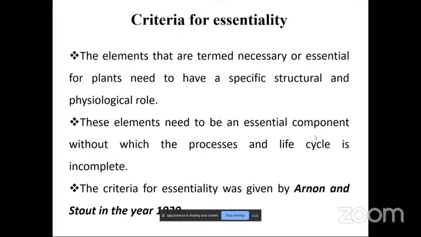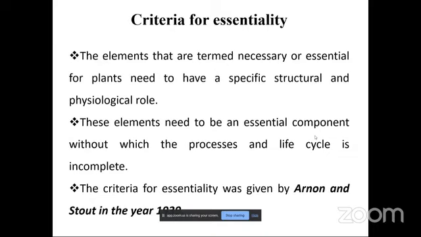So there are criteria of essentiality in fertilizer application. Arnold and Stout in 1939 provided some criteria: the elements that are termed necessary or essential for the plant need to have a specific structure and physiological role. Secondly, the element needs to be an essential compound without which the life cycle is incomplete.